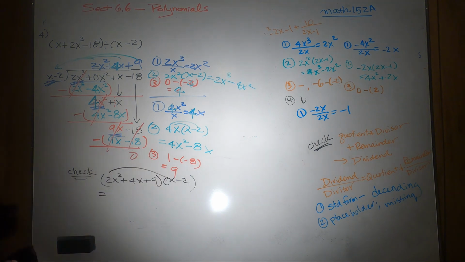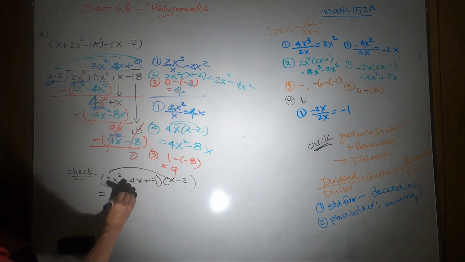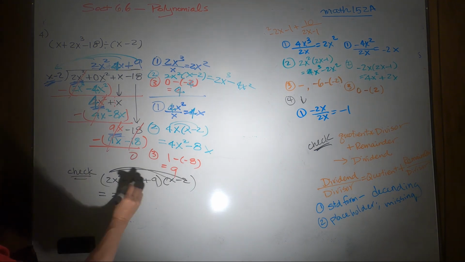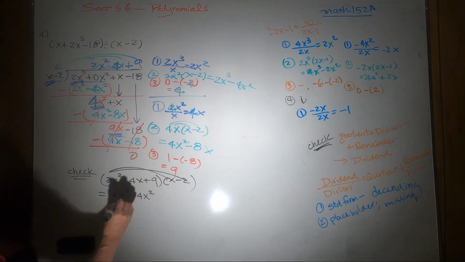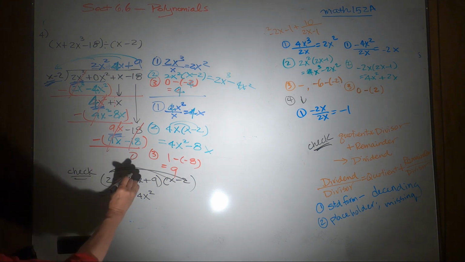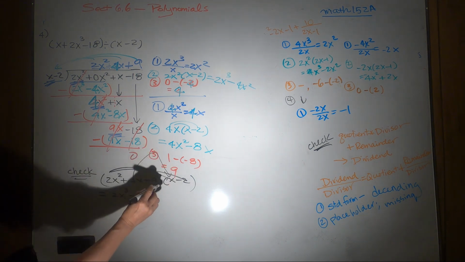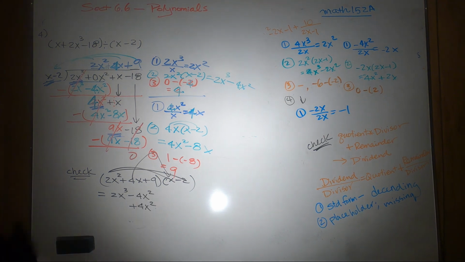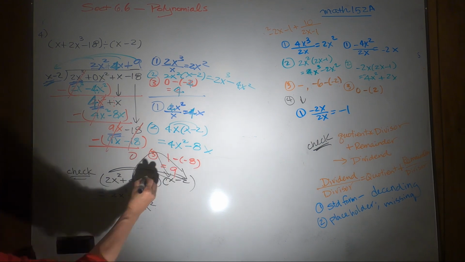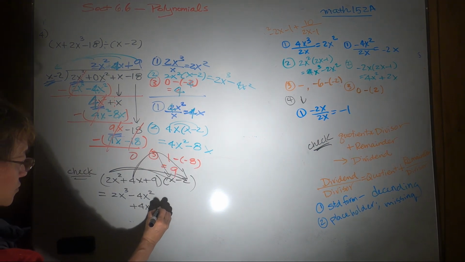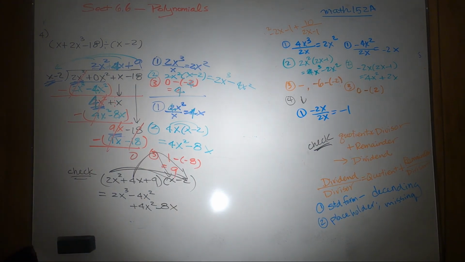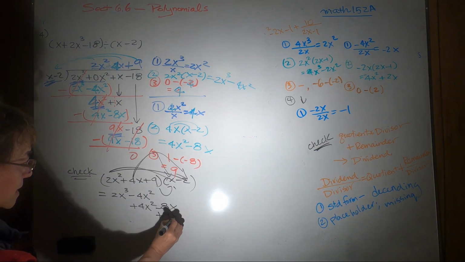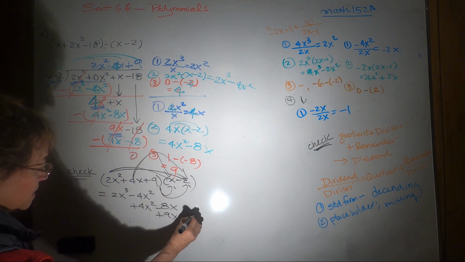So you multiply: 2x cubed times minus 2 is minus 4x squared, then 4x times x would be plus 4x squared, then 4x times negative 2 is minus 8x, then plus 9x, then minus 18.